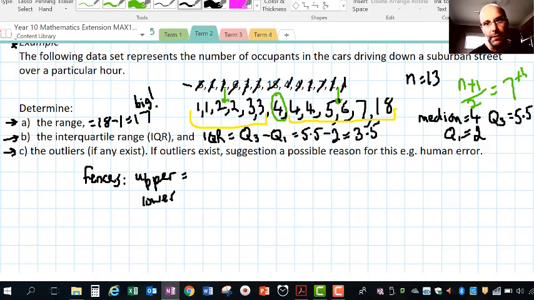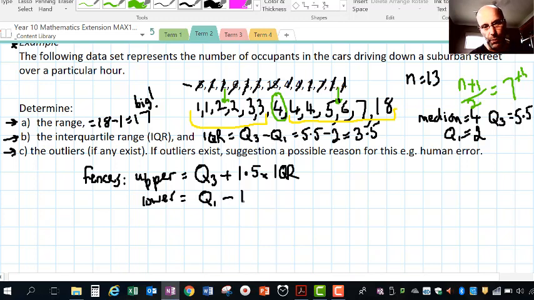Please take this down. The upper fence is calculated by going Q3, or the upper quartile, plus 1.5 times the interquartile range. Whereas the lower fence is calculated by going Q1, or the lower quartile, minus 1.5 times the interquartile range.